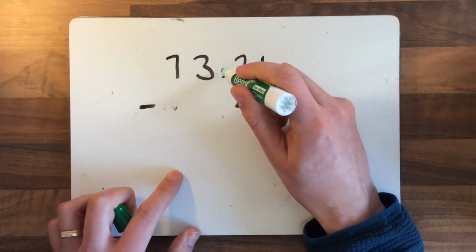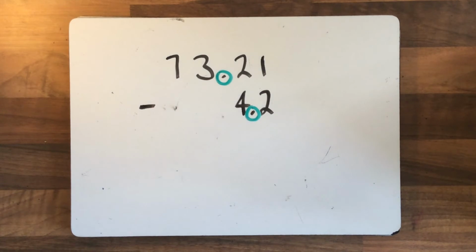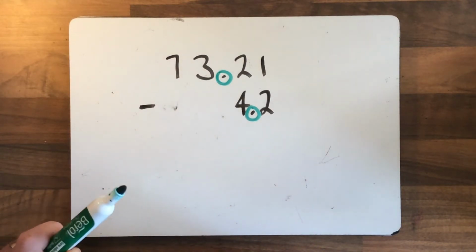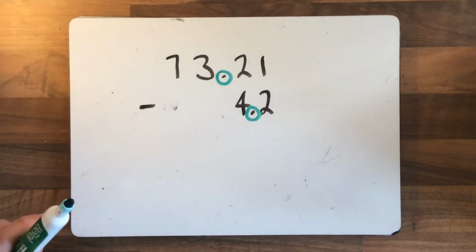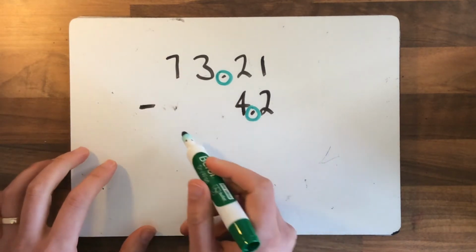Hopefully you can see these 2 decimal points. Now my class were absolutely sick of me going on about this all this year. The golden rule of decimals. The golden rule of decimals, what is it, Year 6? Hopefully you're all shouting at your laptops or your iPads or whatever. That is to line up the decimals, one on top of another. And you can see here they're not lined up.